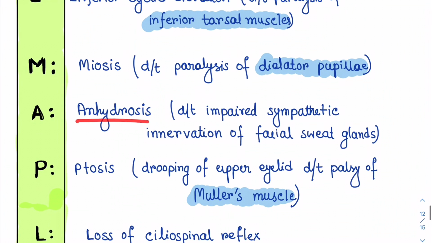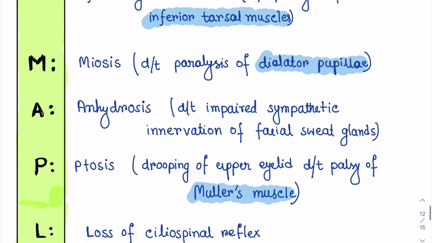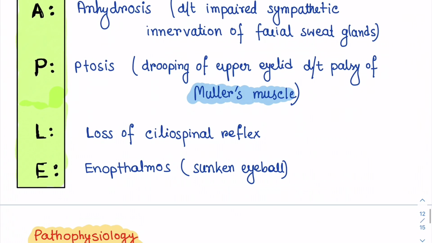From A, anhidrosis, meaning no sweating, due to impairment of sympathetic innervation of the facial sweat glands. Sweat glands are supplied by the sympathetic nerve, and here the sympathetic nerve is damaged, so sweat is not produced. From P, ptosis is the drooping of the upper eyelid, that is upper eyelid depression.